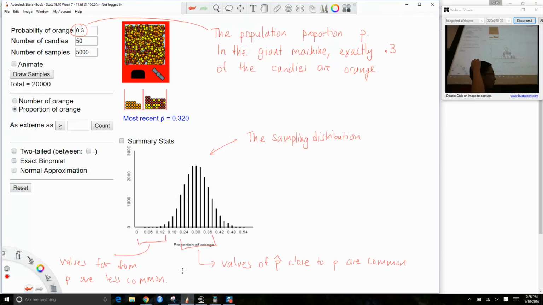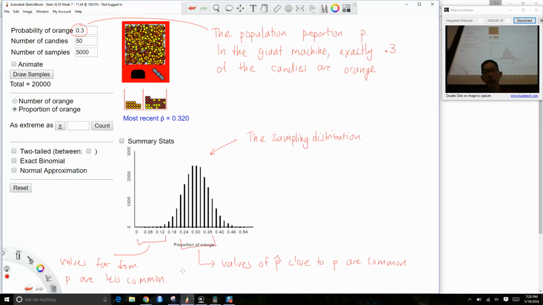Again, the idea is in the population, there is some proportion p. In this case, 30% of the candies are orange. When we take random samples out of that population, our random sample can have a different proportion. The sample proportion could be 30%. It could be a little bit higher. It could be a little bit lower.